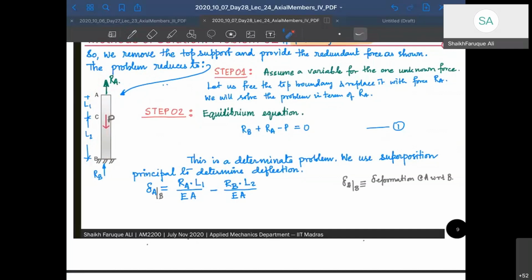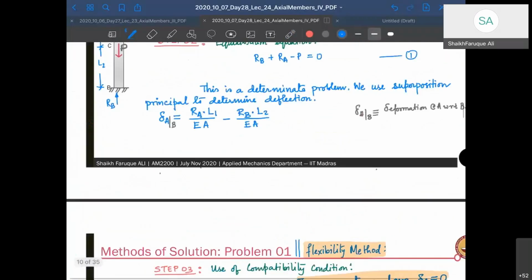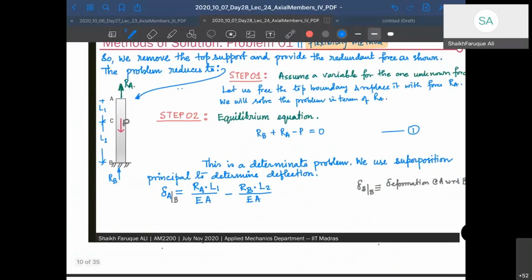How are we going to get this? For getting this, we have to take a free body diagram and find internal forces. Remember that we have to find internal forces. So if you do a free body diagram, is there a space here? No space. Okay. FBD, right? So first section is AC.